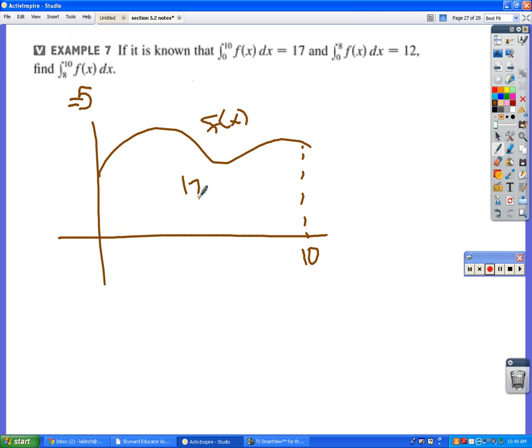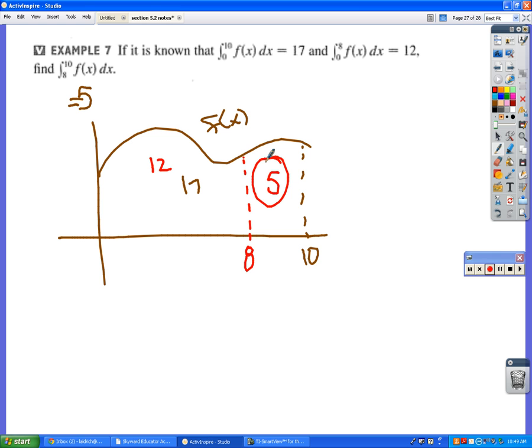Then, in a different color, the area from here to 8 is only 12. So if this whole thing is 17 and this much is 12, then what's left over there must be 5. Does it make a difference that it's 0 to 10 and 0 to 8?